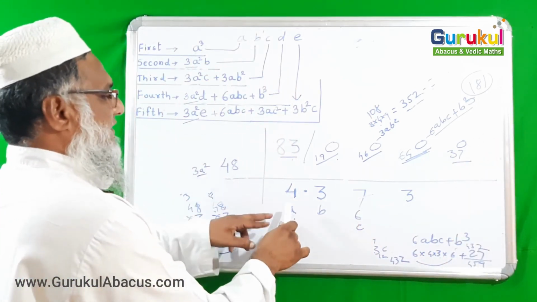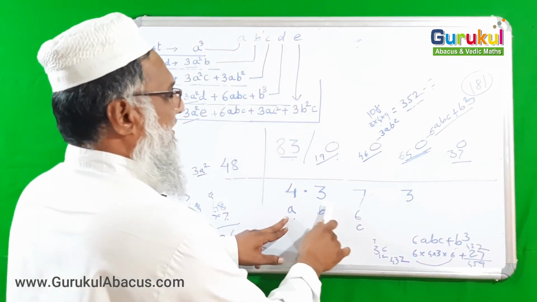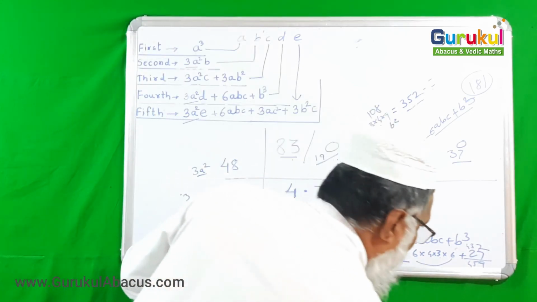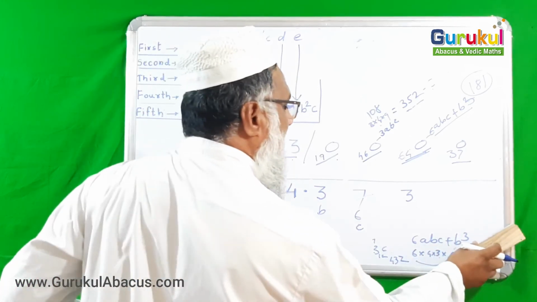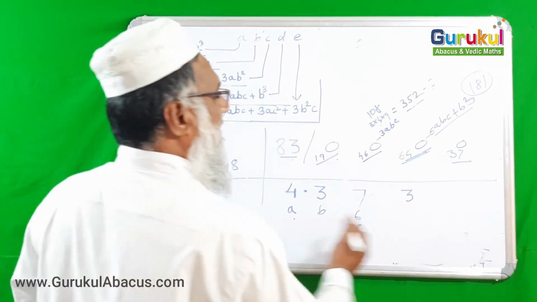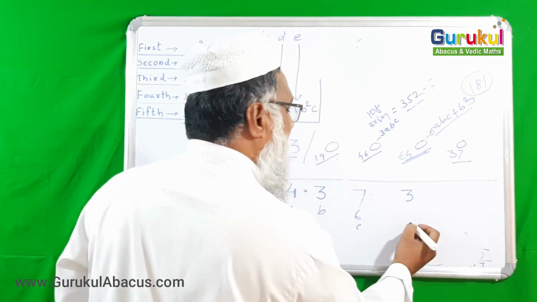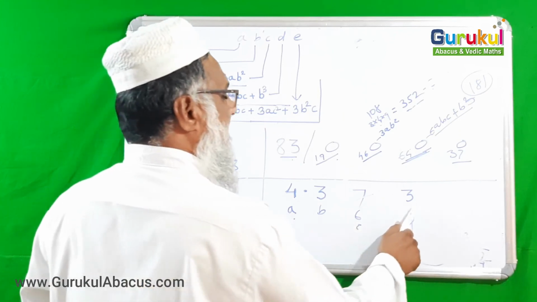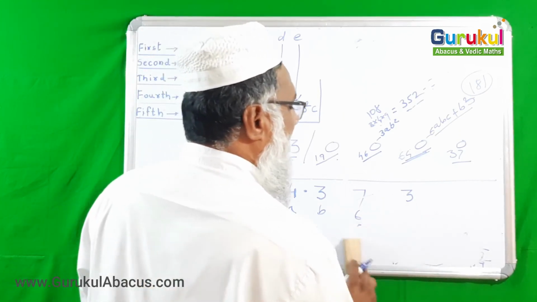So we got the answer 4.363. Everything I am rubbing out, so you will see it very clearly. Here we got our D. 4.363 is our answer. In that way we can solve.